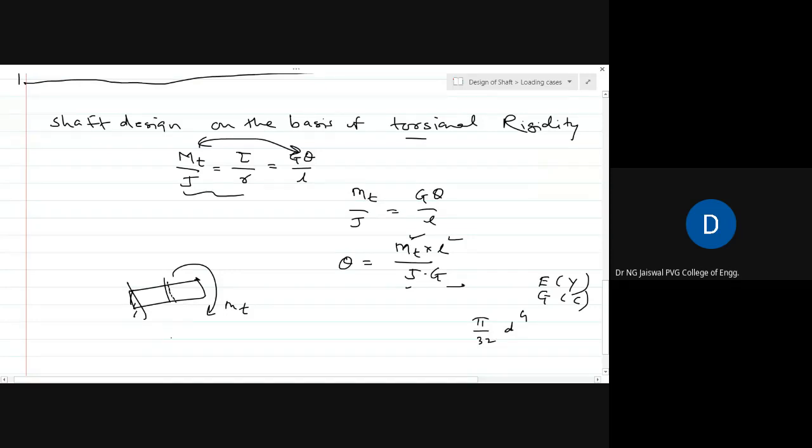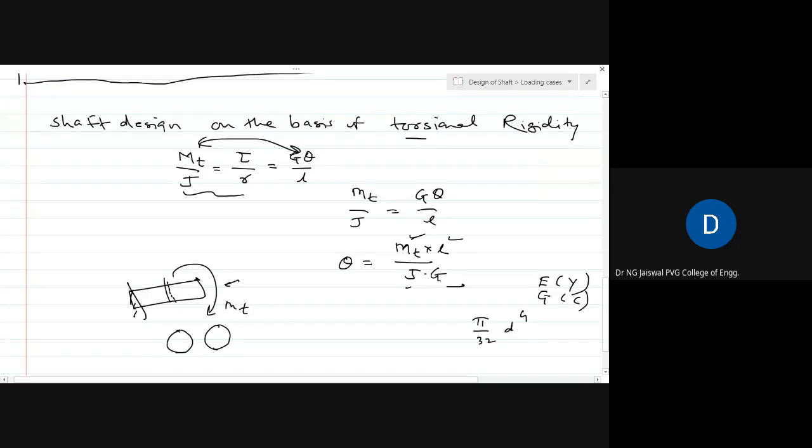If I extract two sections, seeing from this end, one section is this one and another section is just near to it, these two sections will have some angular deformation, angular twist.